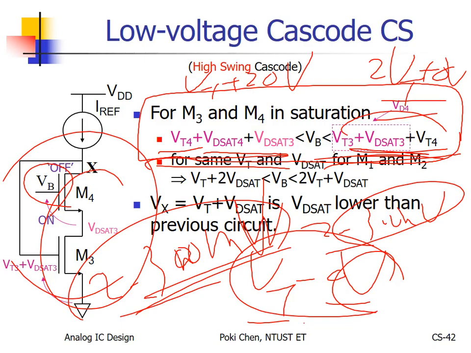And you need to be careful because for your first design, usually for TT, right? How about the other 4? FF, SS, SF, anyway. And how about the temperature, right? Sometimes you design good enough for TT, but for the other conditions, it doesn't work at all.